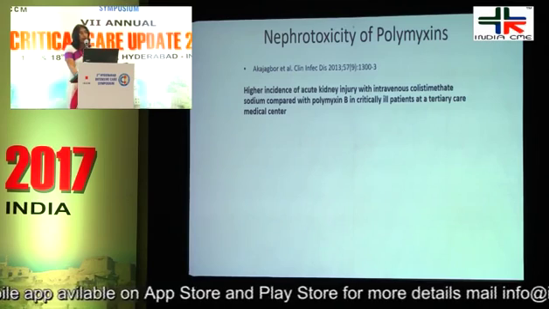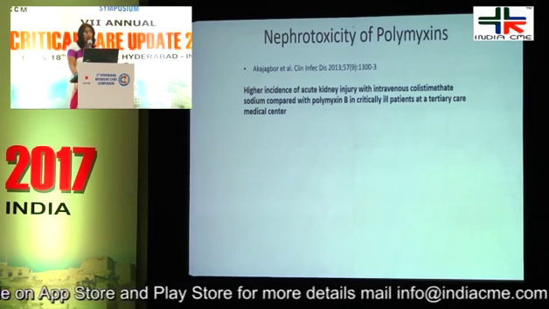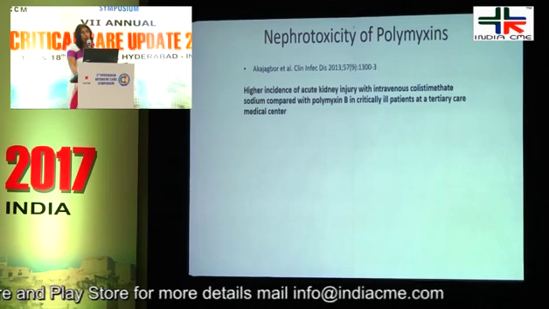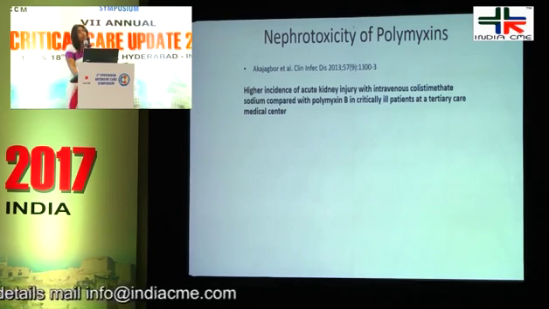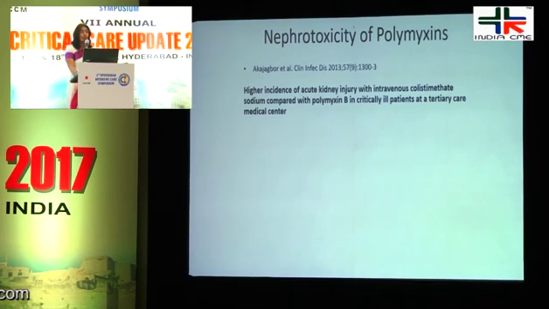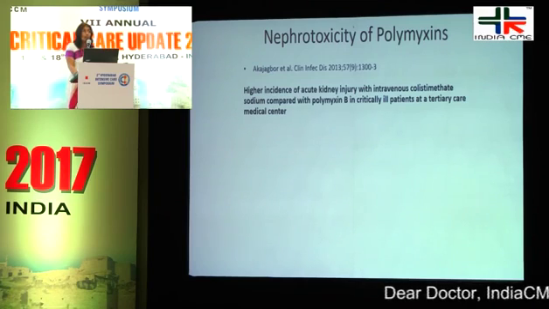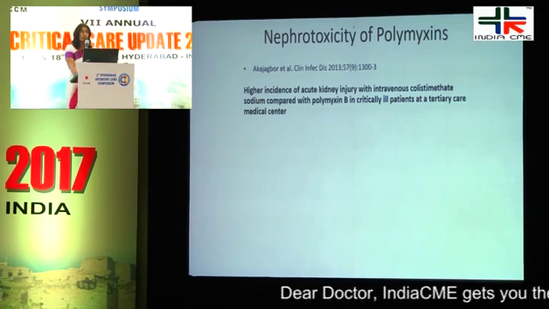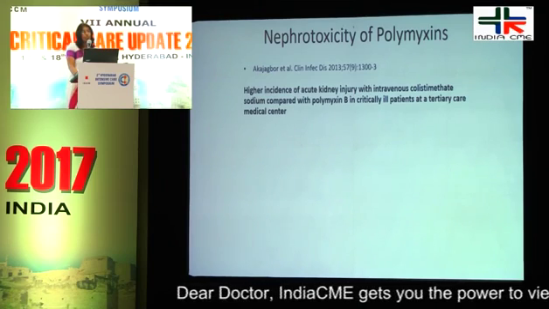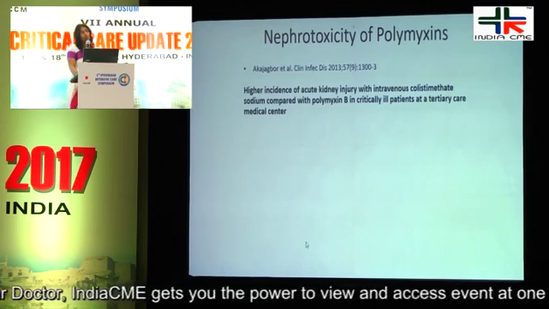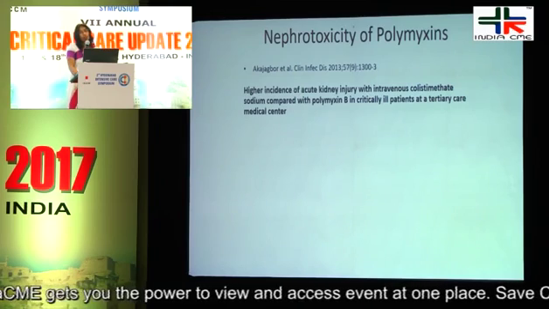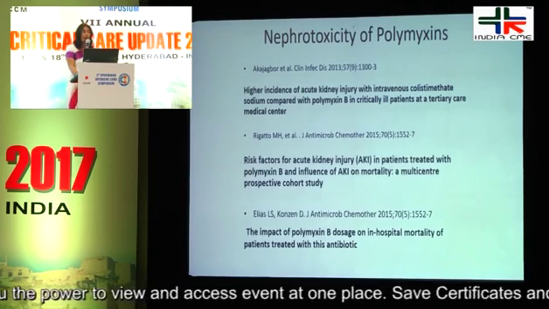This study, published in Clinical Infectious Diseases 2013, compared the toxicity of IV colistin with polymyxin B. All along we have been believing that polymyxin B was more nephrotoxic than colistin, but in this study there was only a 21% nephrotoxicity in patients treated with polymyxin B versus a 40.8% nephrotoxicity in patients treated with colistin. So we are probably looking back at polymyxin B as a drug with a more favorable pharmacokinetic profile and possibly less nephrotoxicity than colistin, as opposed to what we believed earlier.